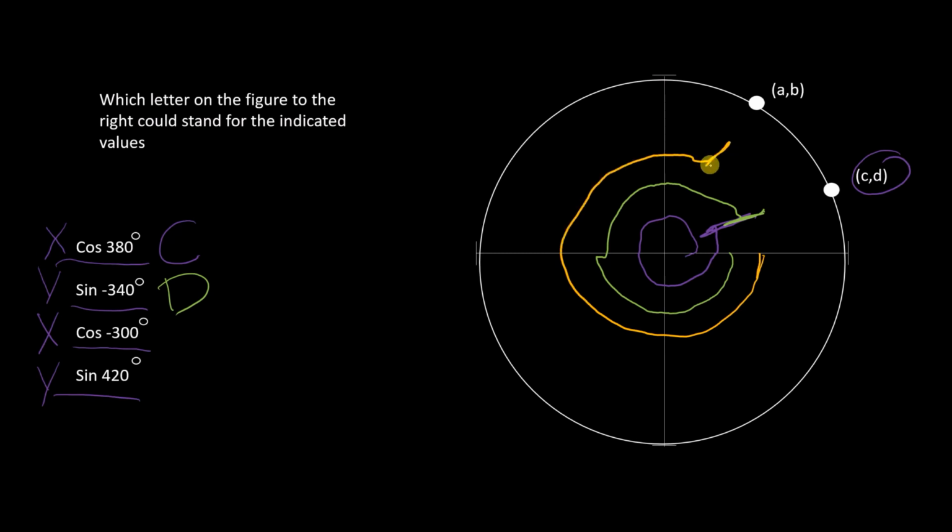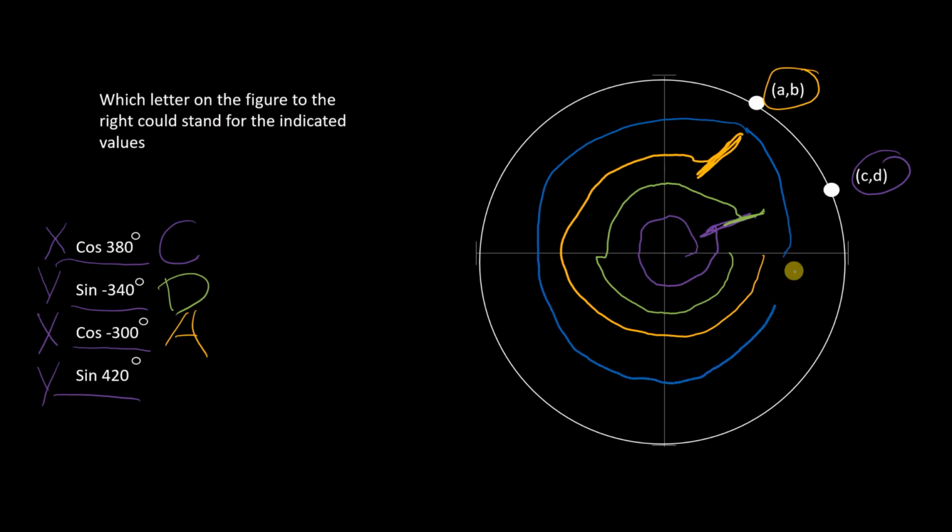Right here will be -300, which means that our x value here is A. Finally, that leaves 420 degrees, going counterclockwise all the way past 180, past 360, and to B as our final answer.